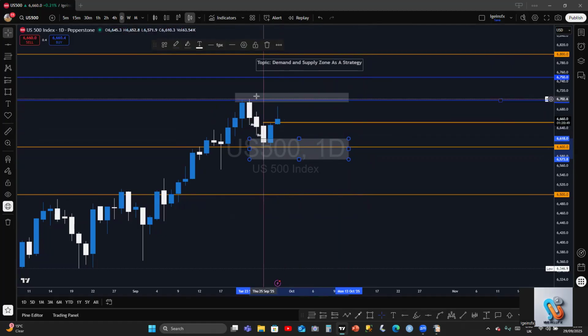Once price gets to this level, as a matter of fact, look at it. When this candle pushed up to this level, I'm on this trade, guys. Let me not lie, I'm on this trade. Something around 2:30.